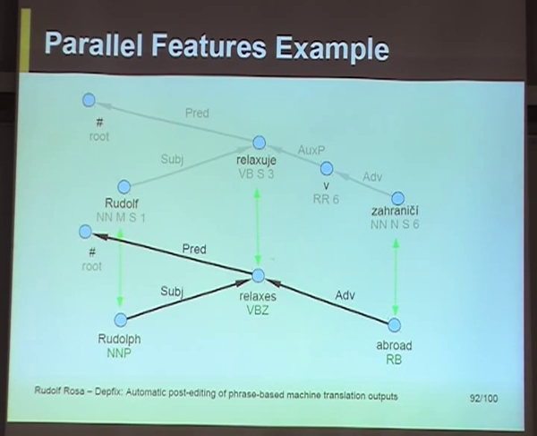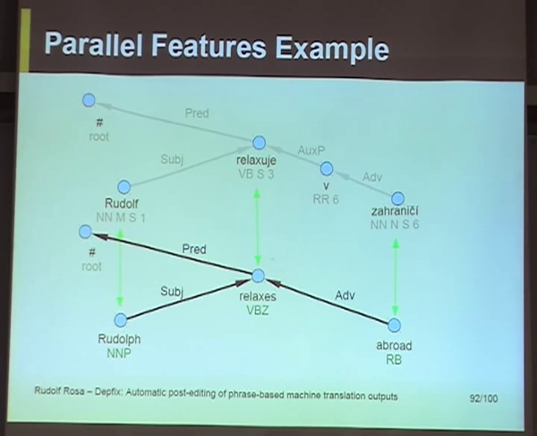We cannot do it in a rule-based way, so that we would simply copy the edges from English to Czech, because of differences between English and Czech. For example, "reacts" and "abroad". In Czech, this is "reaguje zahraničí", and actually there is an edge between "reacts" and "abroad" here, but it does not mean that there should be an edge between "reaguje" and "zahraničí", because in Czech we have the preposition in between.